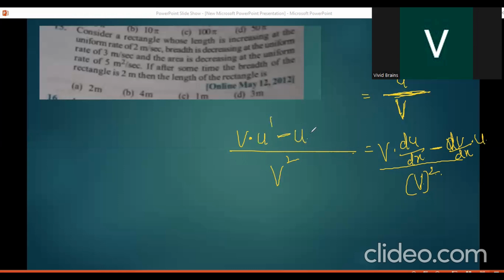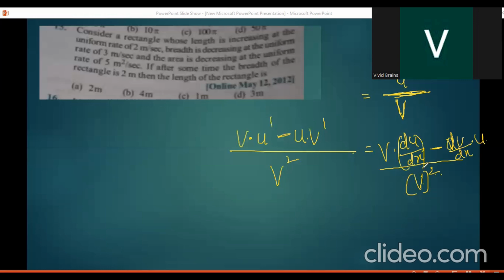Then v into du by dx, minus v into dv by dx into u. So v square in the denominator, and v into u dash minus u into v dash in the numerator.